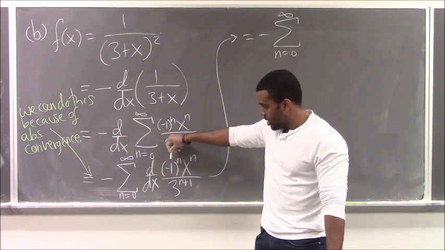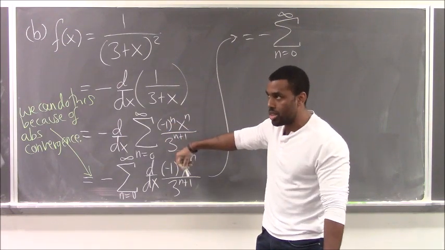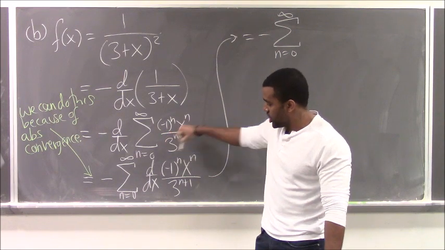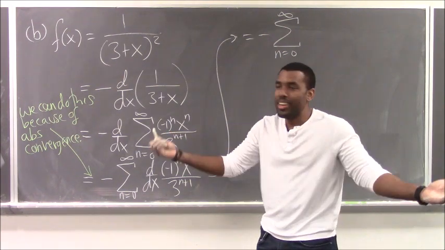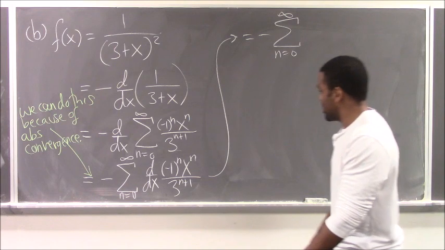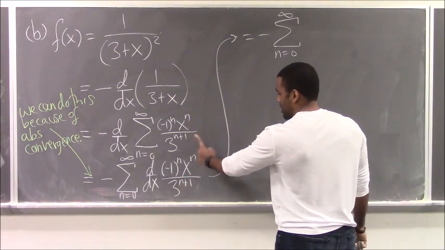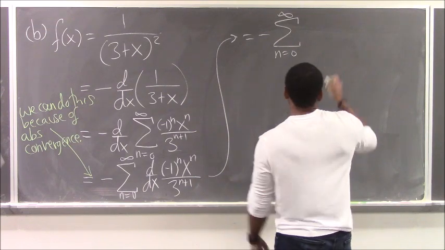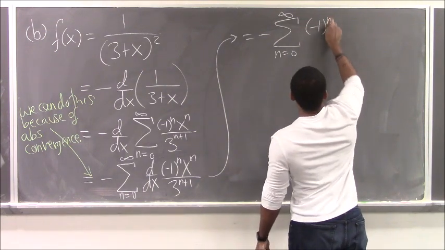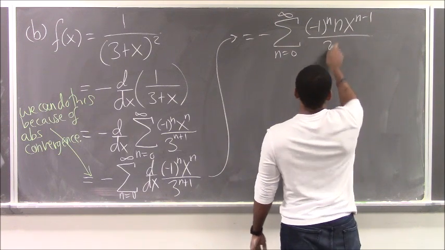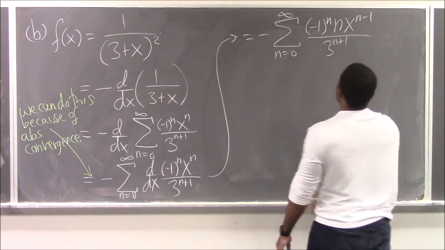So how do you differentiate a constant times a function? Well, you leave the constant alone, differentiate the function. So now all I have to worry about is differentiating the x to the n, which is a rule, right? That's the power rule for derivatives. Just bring the n down, n x to the n minus 1. So the derivative of this is going to look like minus 1 to the n, n x to the n minus 1 over 3 to the n plus 1.